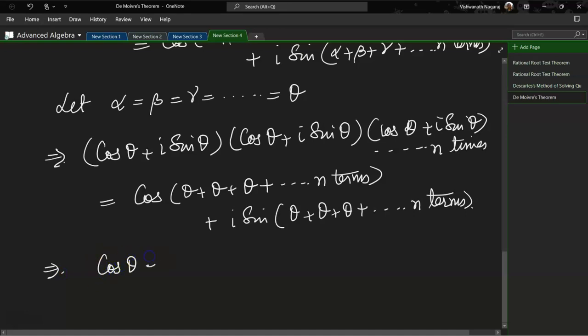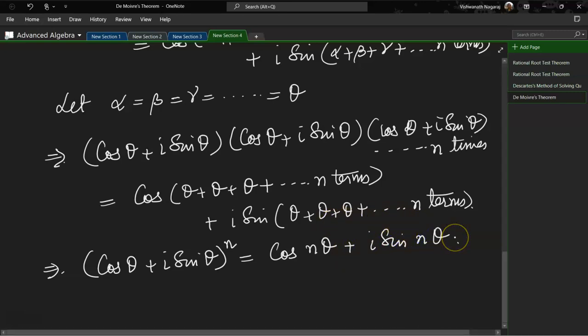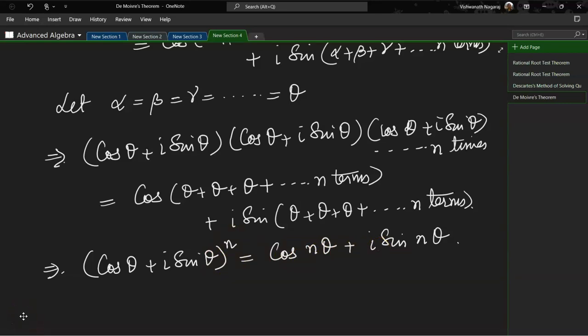Cos theta plus i sin theta to the power of n, since it is n times, is equal to cos of theta, theta, theta n times, so cos n theta plus i sin n theta. So we have proved that cos theta plus i sin theta to the power of n is equal to cos n theta plus i sin n theta when n is a positive integer.